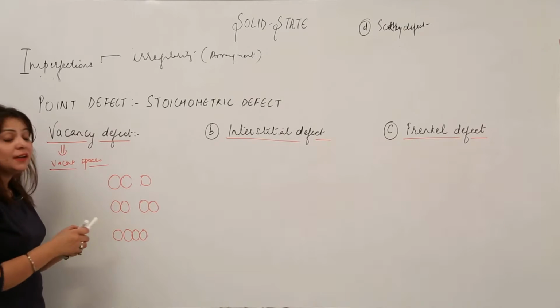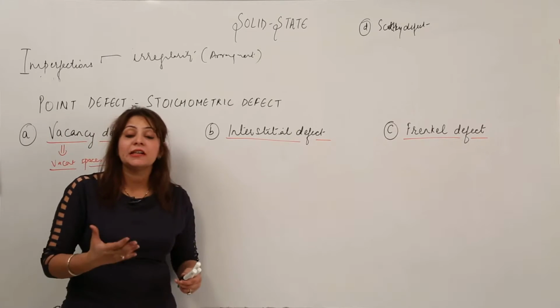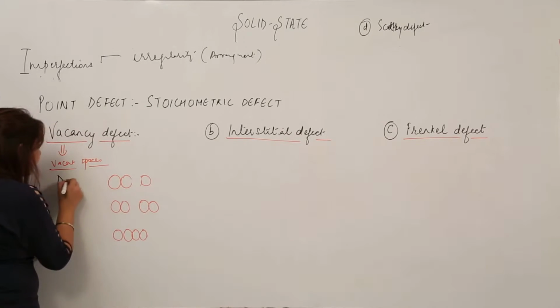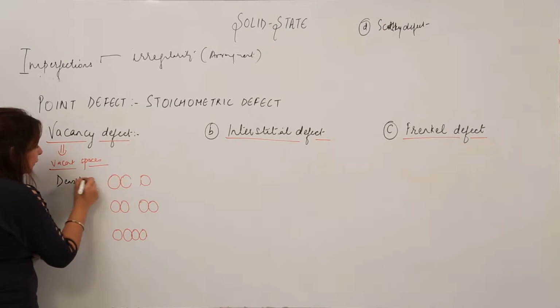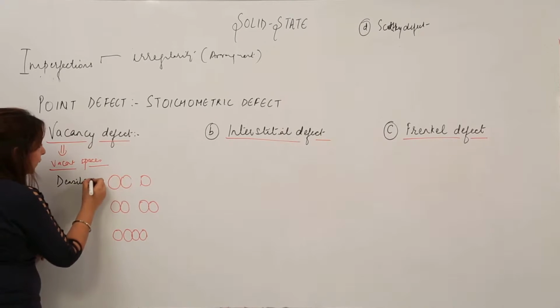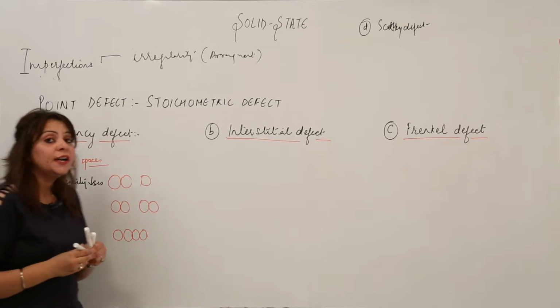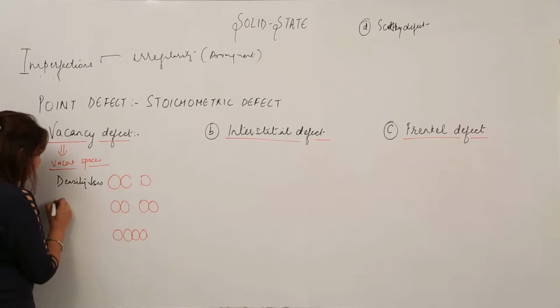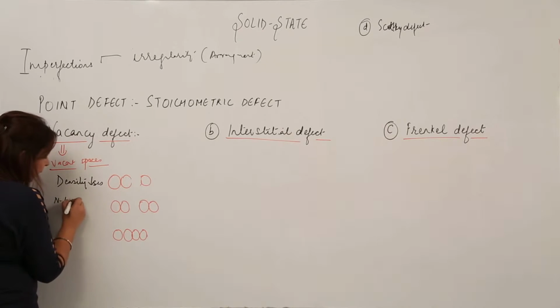When there is a vacant space, that means it is a loss in mass per unit volume. As a result, the density of a solid showing this vacancy defect decreases. And this kind of imperfection is shown particularly by the non-ionic solids.